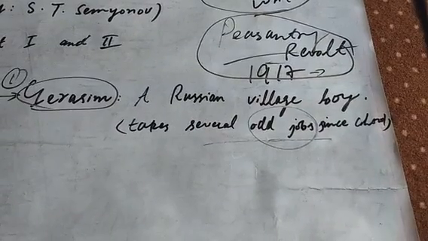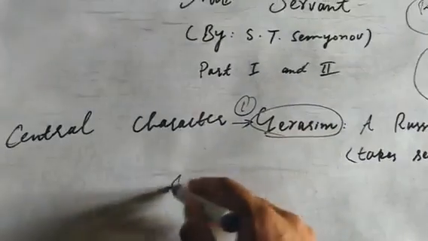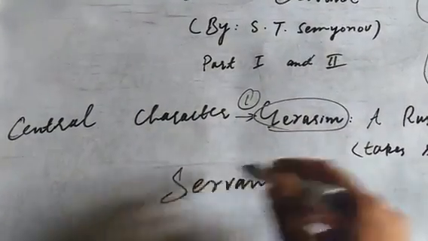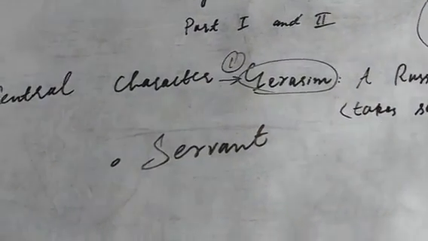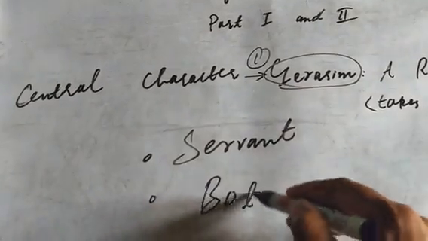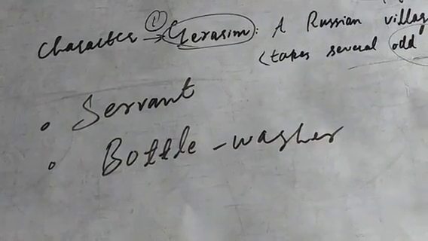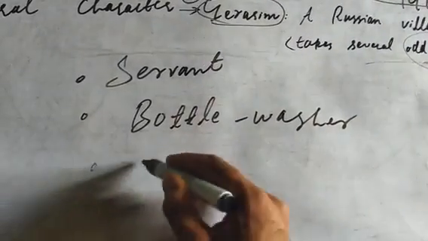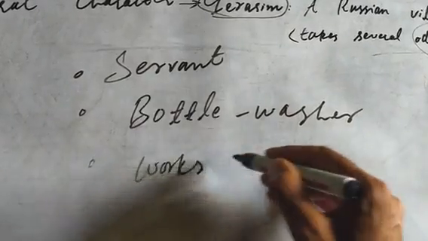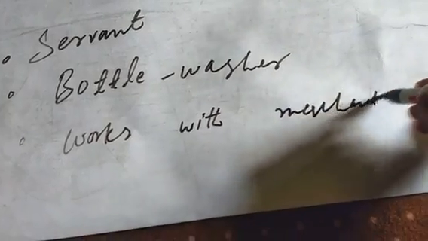He works at different places. He works as a servant, and he works as a bottle washer. Are you getting me? After doing these odd jobs, he works with a merchant for 2 years.